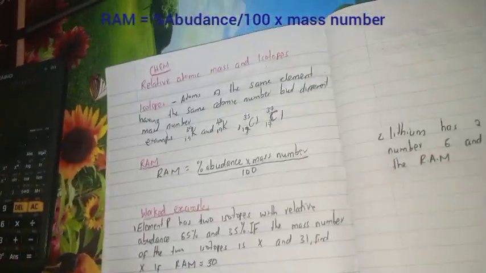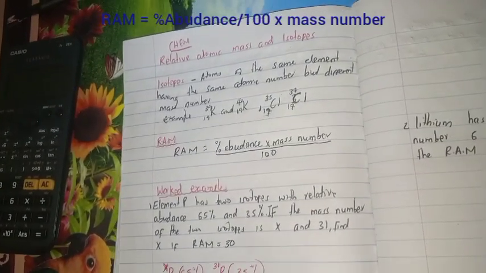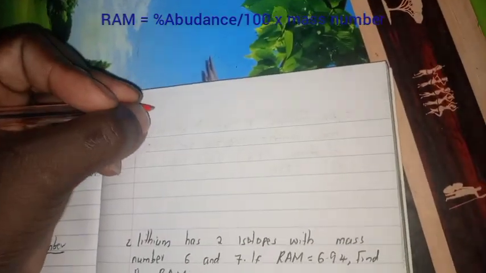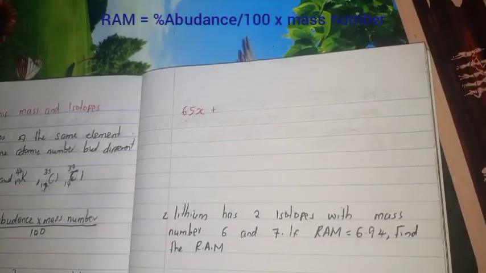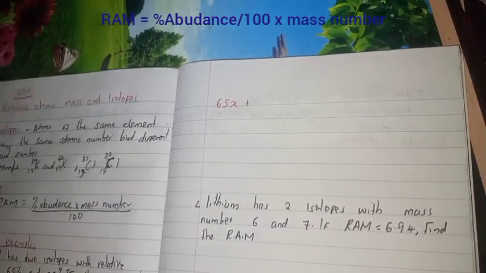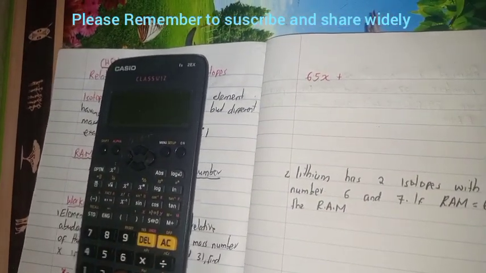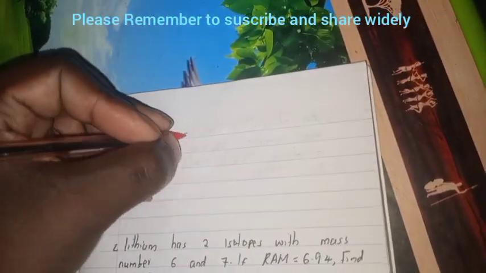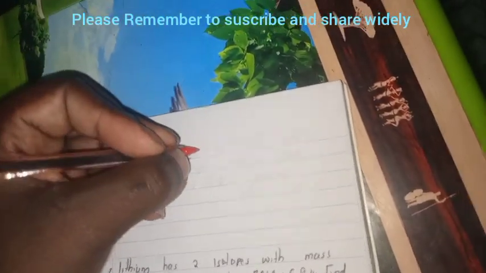Now if we cross multiply by 100 to remove the denominator, that means we will have 65x plus 35 times 31, which is 1085.